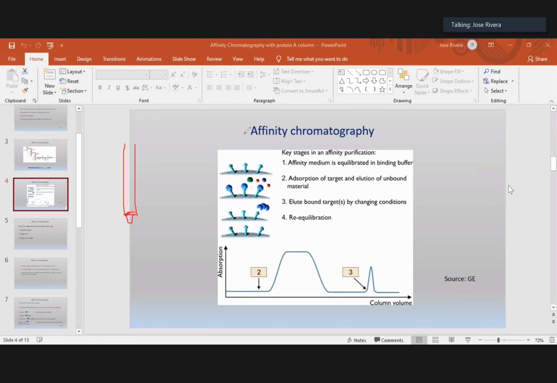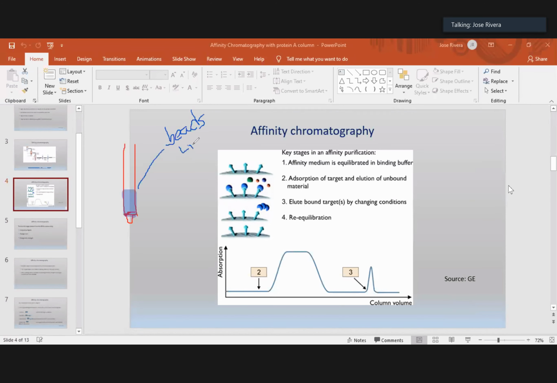What you do is the matrix, or the beads, you put them in here. So these are the matrix that has your ligand. These are the beads, tiny little beads, and they are linked to your ligand.